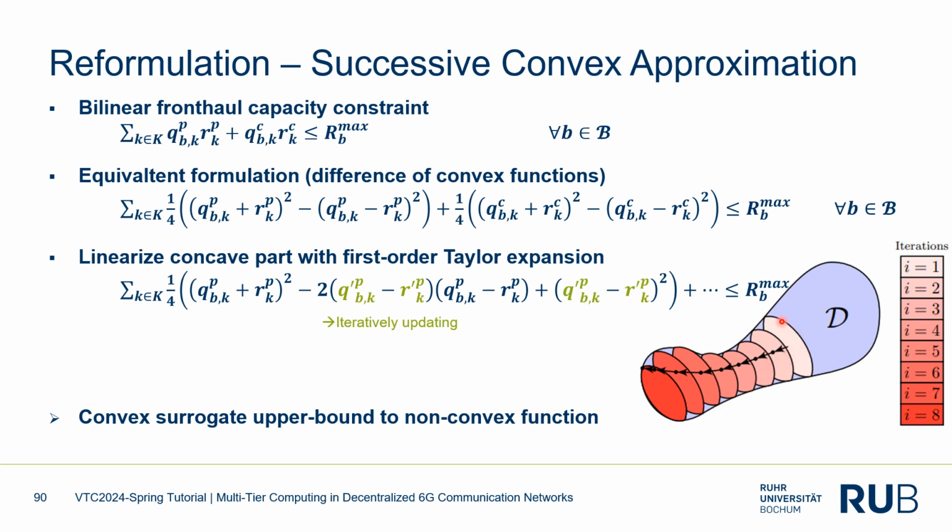Around that, we approximate a convex set of this constraint, solve the problem for the new convex problem, and then update the variables iteratively. So we shift the convex region up to some of the border points, and in this case, at the end, we will have iterated up to convergence.